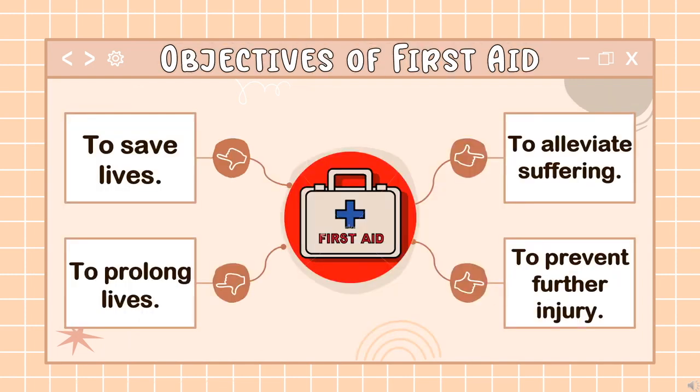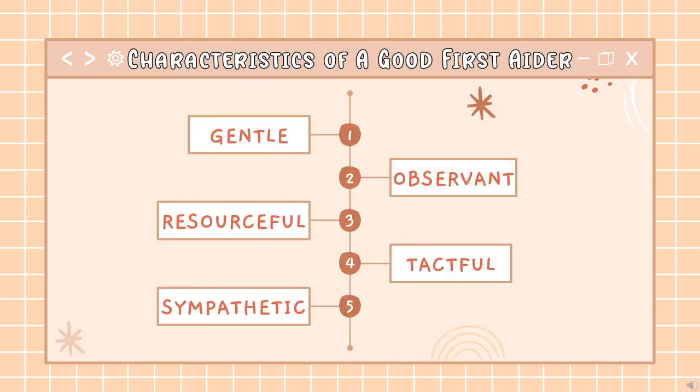Here are the main objectives of giving first aid. It aims to save lives, to prolong lives, to alleviate suffering, and to prevent further injury. If you will be a first aider, here are the characteristics that a good first aider should have. You should be gentle, observant, resourceful, tactful, and sympathetic.